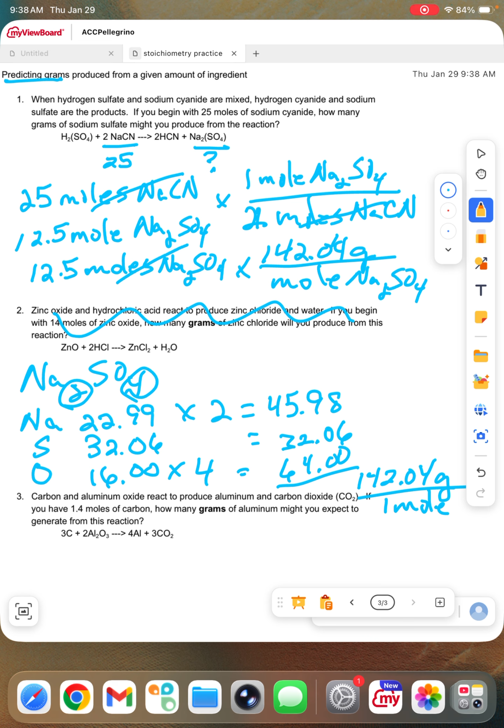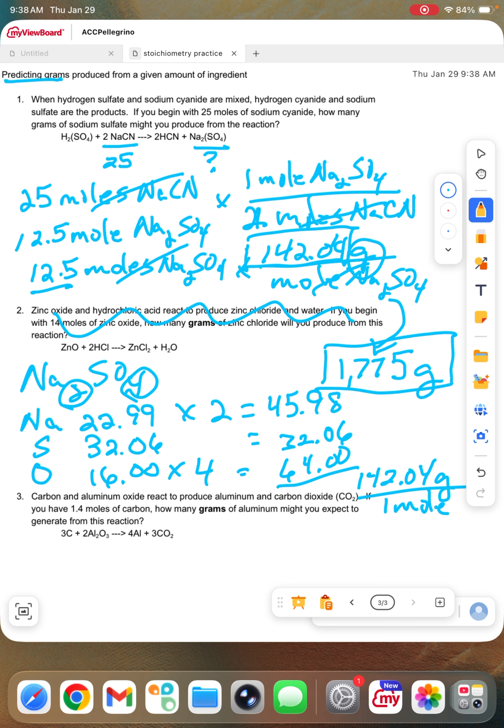So our moles of sodium sulfate will cancel. We'll end up with grams, which is what we're looking for. So in your calculator, you multiply 12.5 times 142.04, and you end up with 1,775 with some decimals after it, and then that's going to be grams of sodium sulfate.